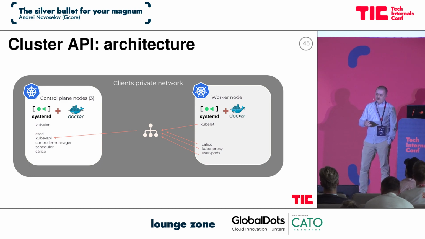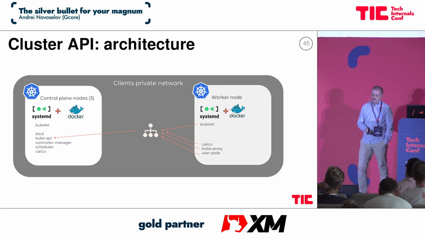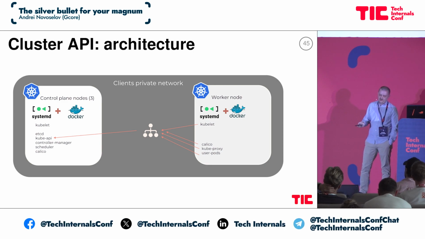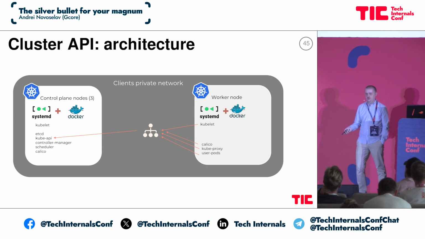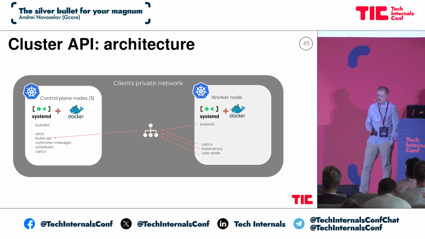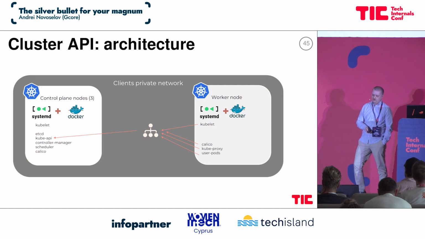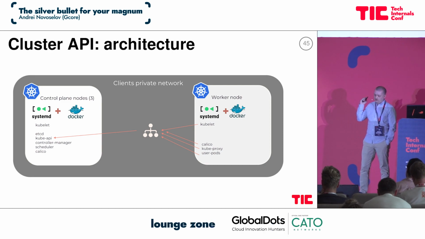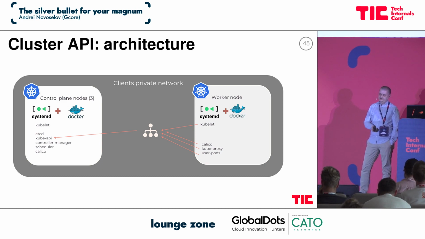And kubelets start all the other pods. On the control plane side, it's basically vanilla: etcd, kube-apiserver, controller manager, kube-scheduler, and Calico, or whatever CNI you use. And all the workloads from the worker nodes access kube-apiserver through the load balancer in this private network.